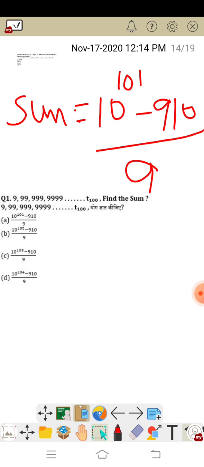So is there an option like that? 10 to the power of 101 minus 910 by 9. Which option is eligible? That is option 1.